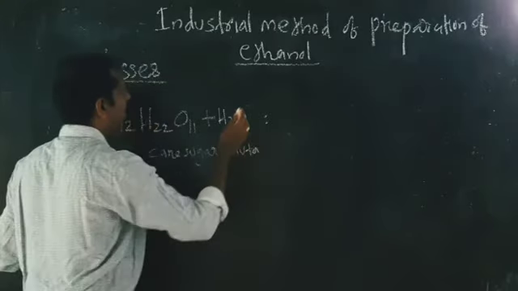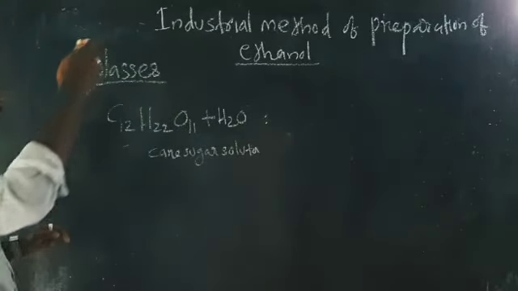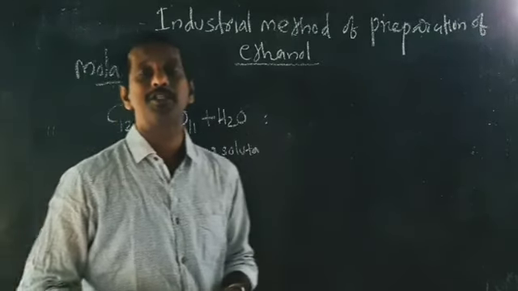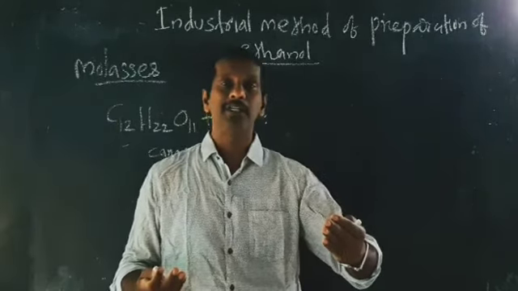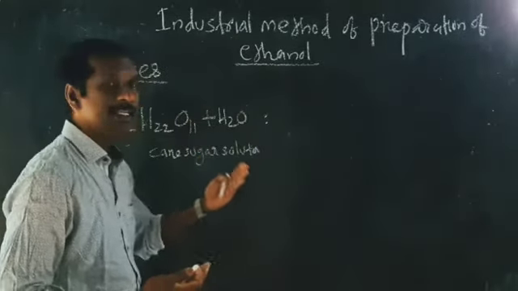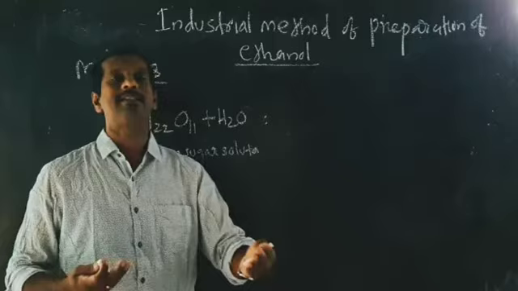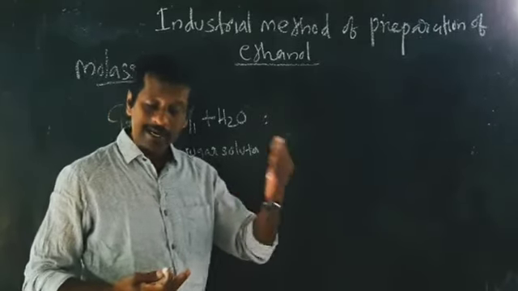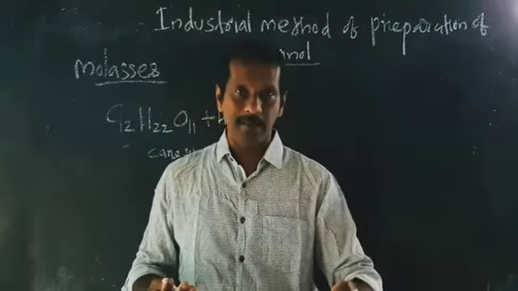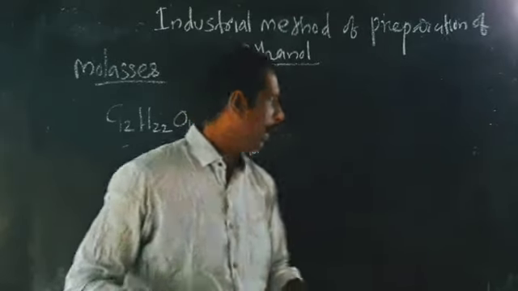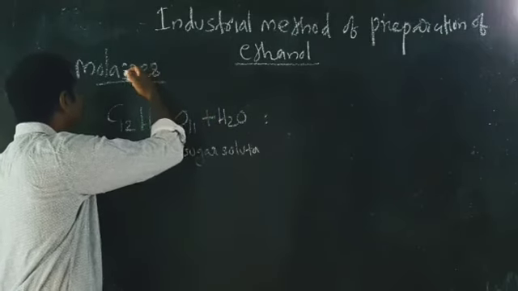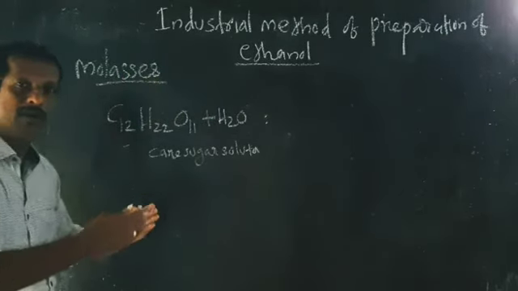Now ethanol can be manufactured from molasses by the fermentation of molasses using yeast. Yeast is a biological catalyst. It contains the enzymes invertase, maltase, and zymase. This you know very well. When you add yeast into the molasses, it will undergo fermentation.